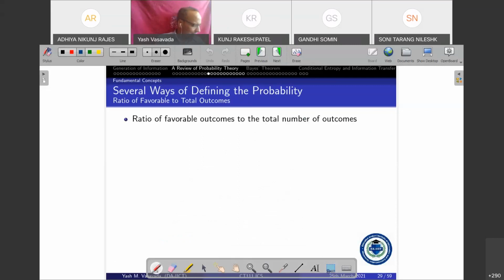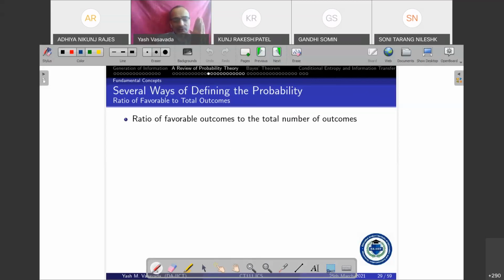Okay, so let us see. That was just giving you certain examples of random variables. Now I'm going to get into a slightly different topic. I'm done with the examples of both discrete and continuous random variables.